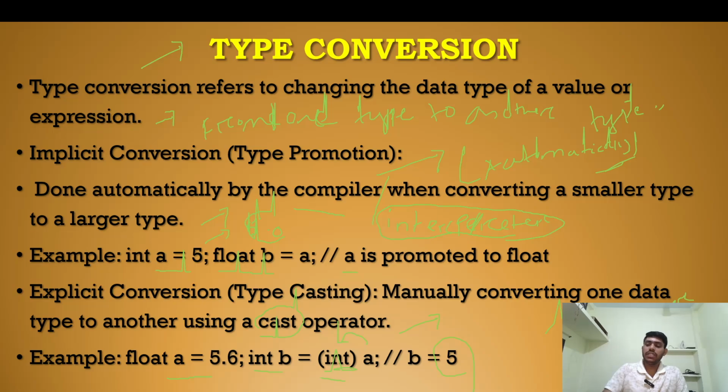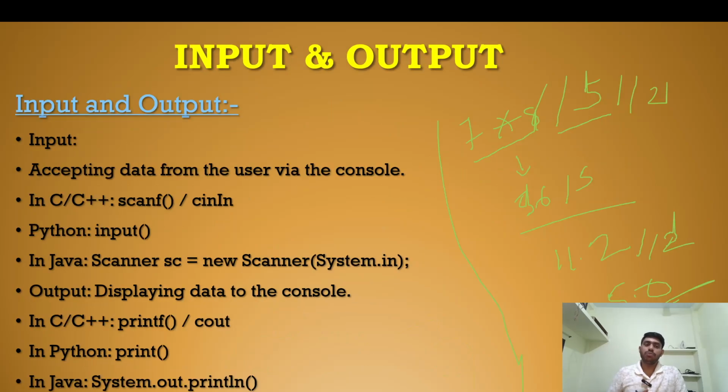What is type conversion? The next one, input and output. So this is the main thing. Whenever a programming language is there, whenever we are doing any kind of program, we need to focus on input and output. So which function is there to take care of the input and output in Python programming? You can see here in C and C++, we are not using them now, but they are given for your reference.